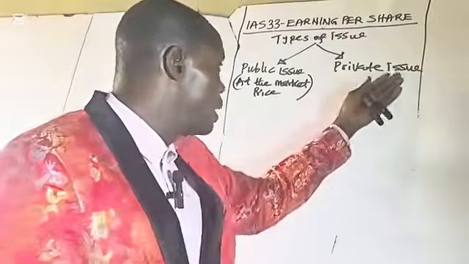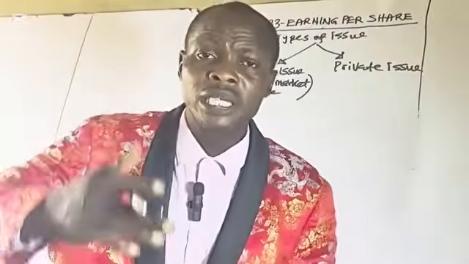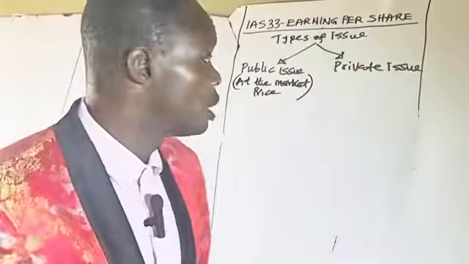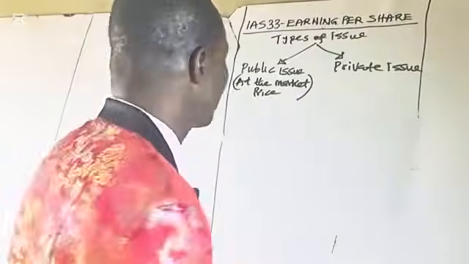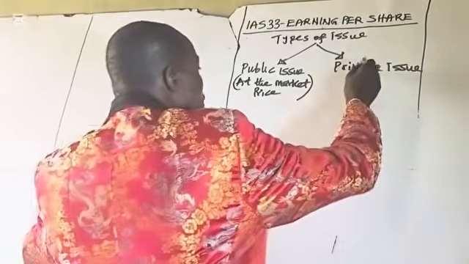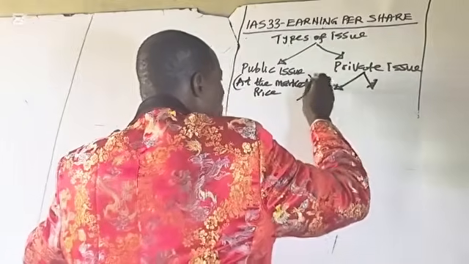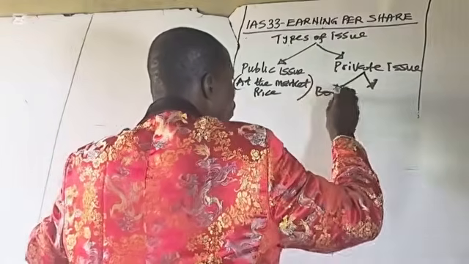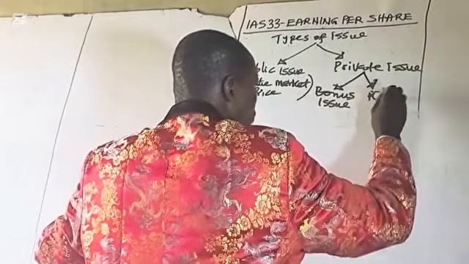This issue is not made to the members of the public. It is made to the existing shareholders. The private issues are made to the existing shareholders. This private issue, we will categorize into two. We have the bonus issue and rights issue.